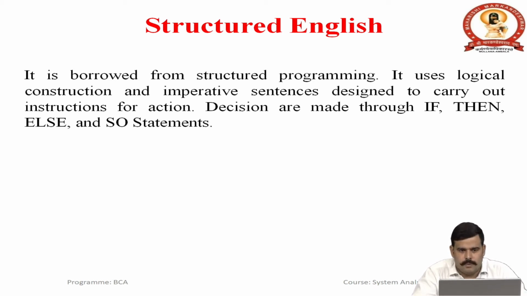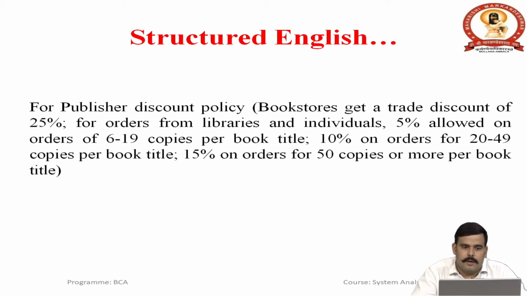We will discuss structured English in detail. As we have discussed, the problem statement is about the publishers discount policy: a bookstore gets a trade discount, and orders from libraries and individuals get 5% allowed on orders of 6 to 19 copies per book title, 10% on orders of 20 to 49 copies per book title, and 15% on orders of 50 copies or more per book title.